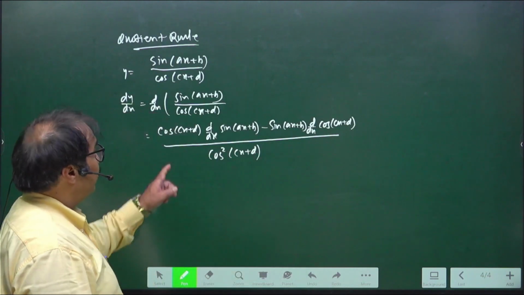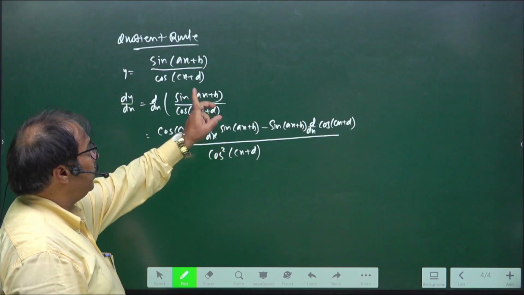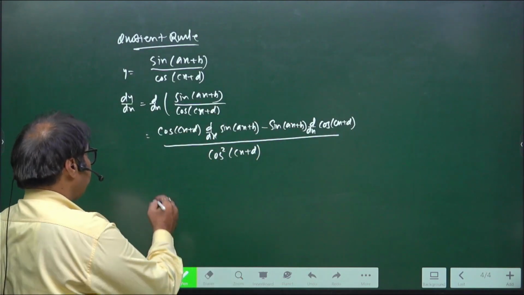Apply the quotient rule: denominator into derivative of numerator minus numerator into derivative of denominator.